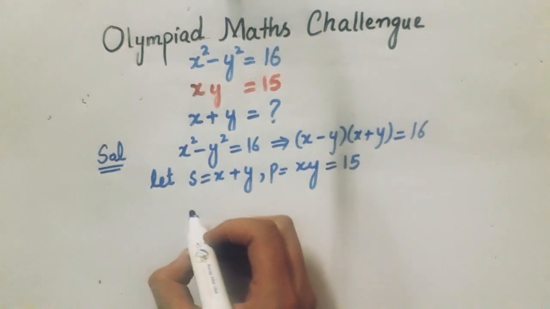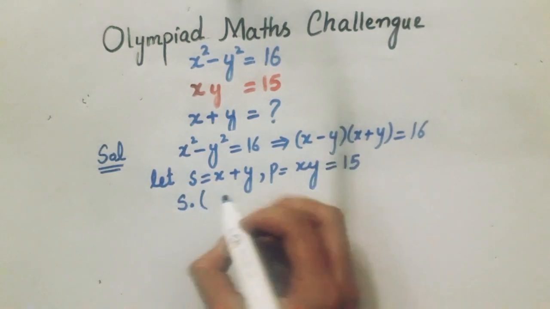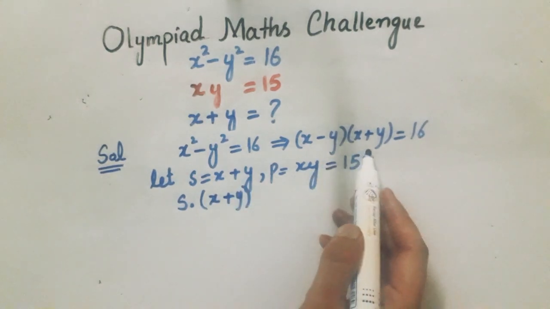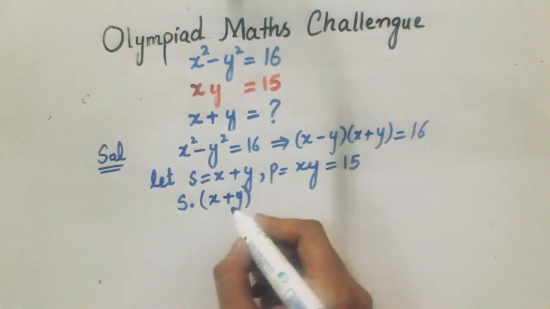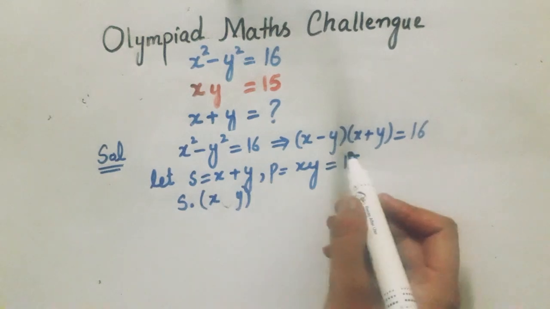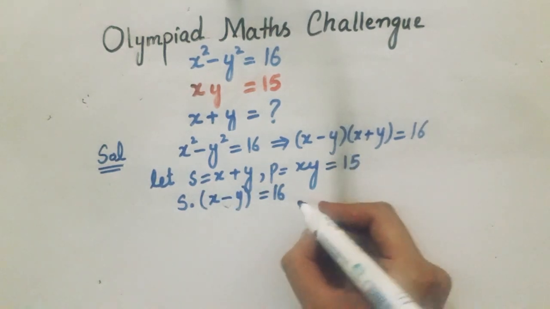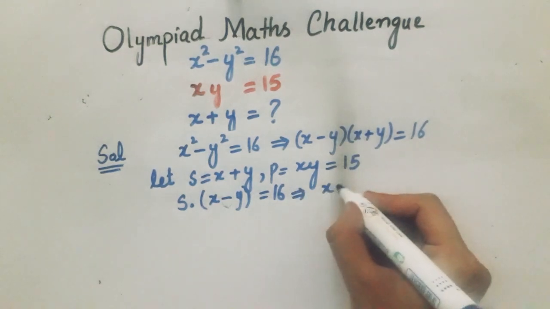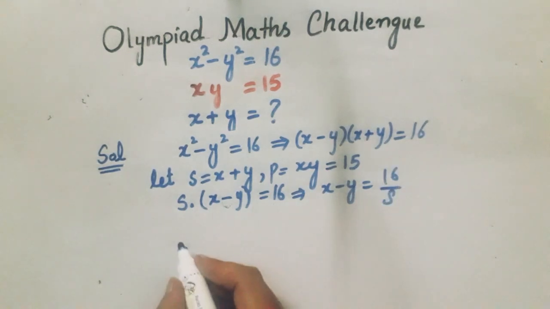So we will write this as s into x plus y, s represents the x plus y, so s into x minus y is equal to 16. This implies that value of x minus y is 16 by s.